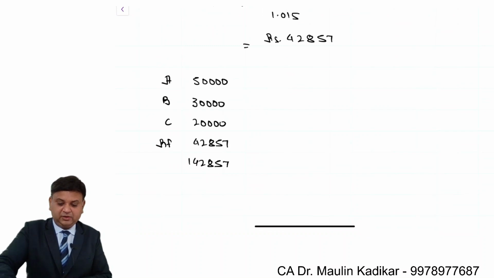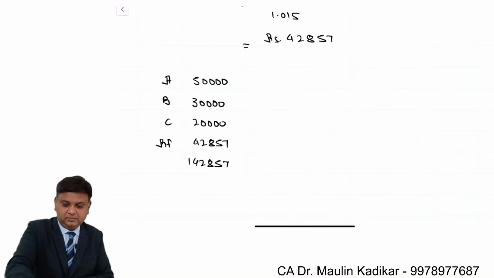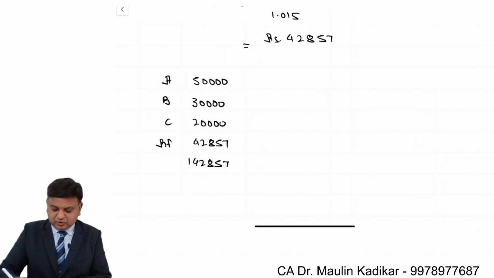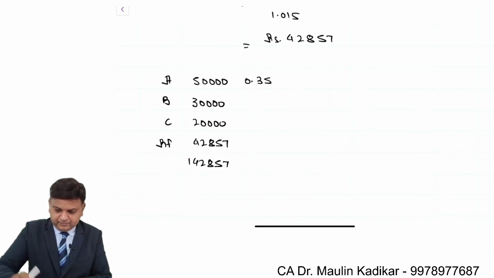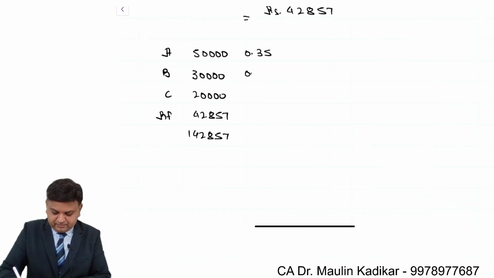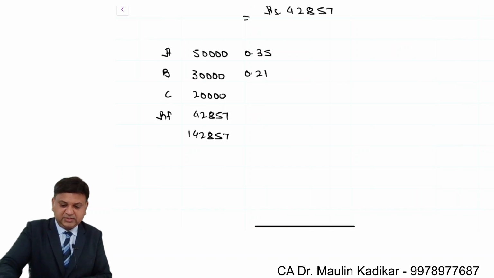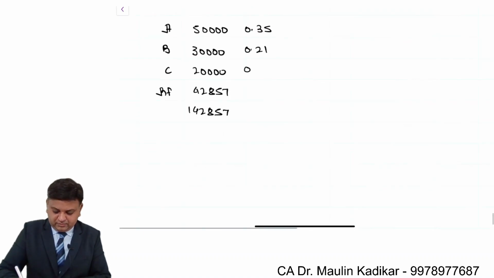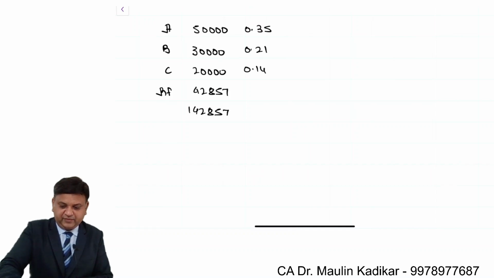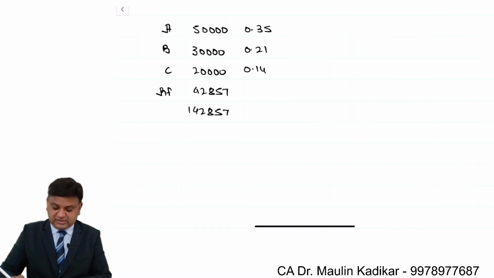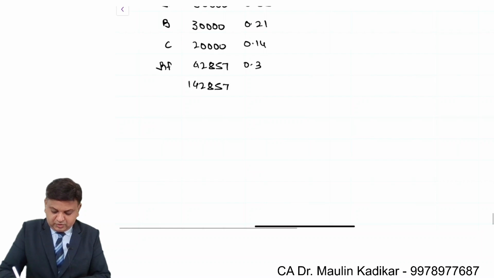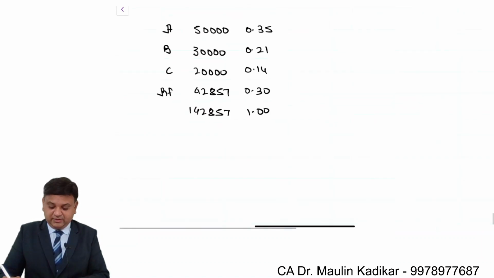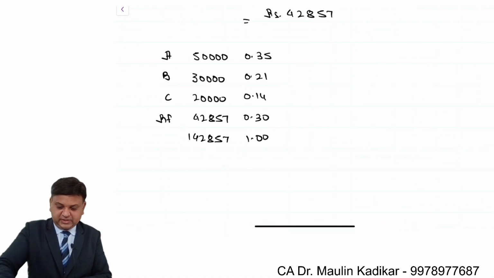So use a calculator. 50,000 divided by total investment comes to 0.35. 30,000 divided by 142,857, 0.21. 20,000 divided by total comes to 0.14. 42,857 divided by total comes to 0.30. So the total will be of course 1. 0.35 plus 0.21 plus 0.14 plus 0.3.